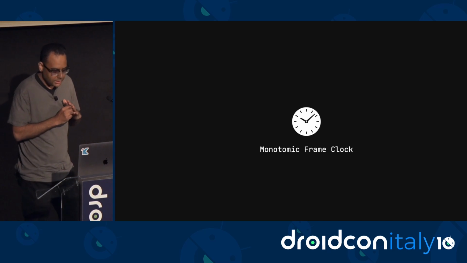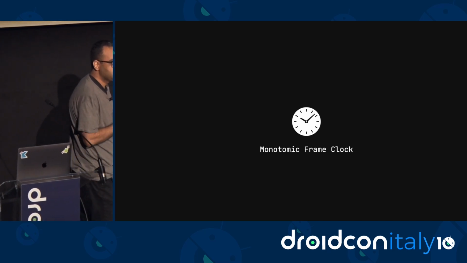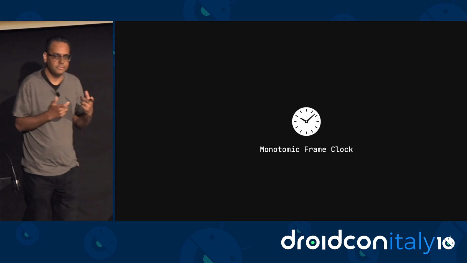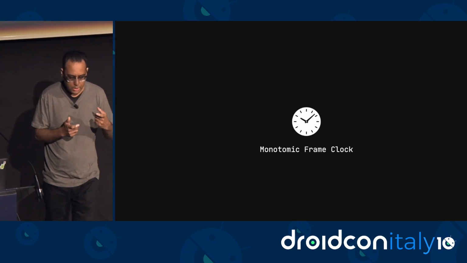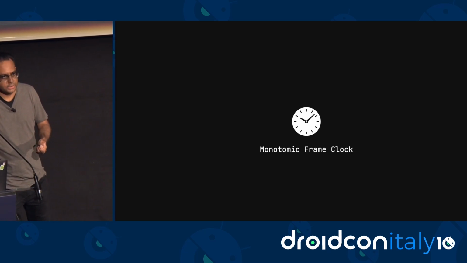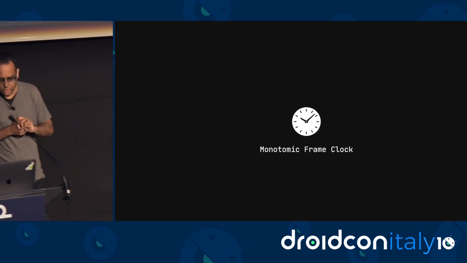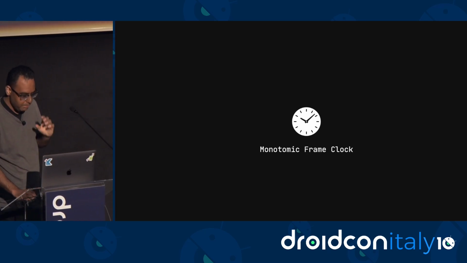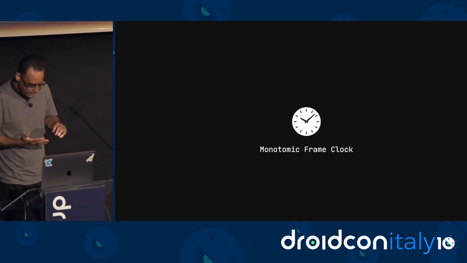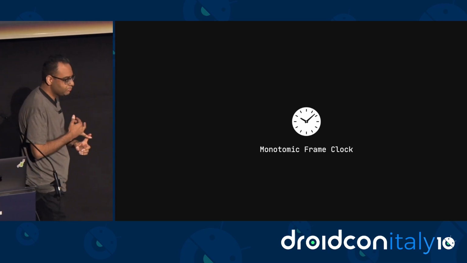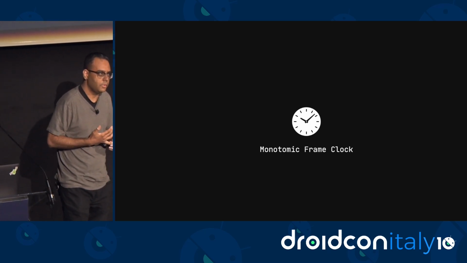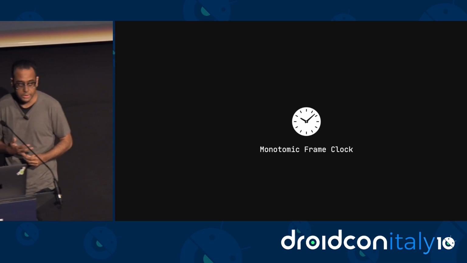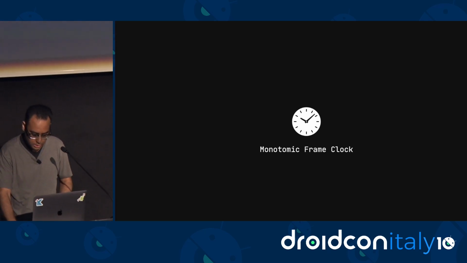There's a concept of a monotonic frame clock, which has to do with your refresh rate. When a tick happens in that clock is when it knows when to push to the state flow. This library specifies a frame clock for iOS, but also for Android, depending on which platform you are in.